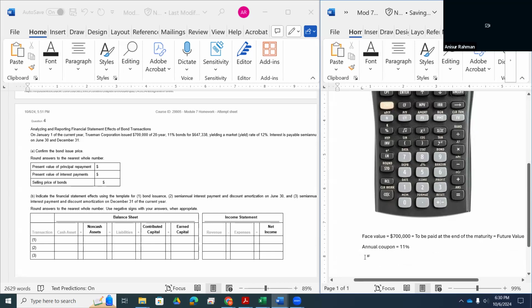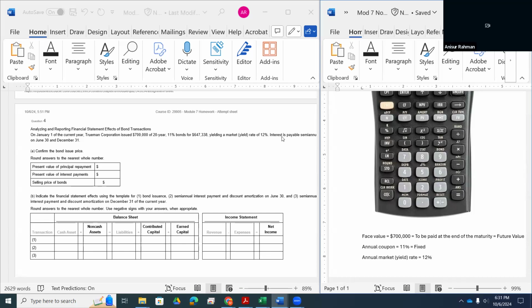That basically means the annual market yield rate is equal to 12%. The annual coupon is fixed, but the interest rate in the market changes continuously all the time. And this changing interest rate in the market is called the market rate or yield.